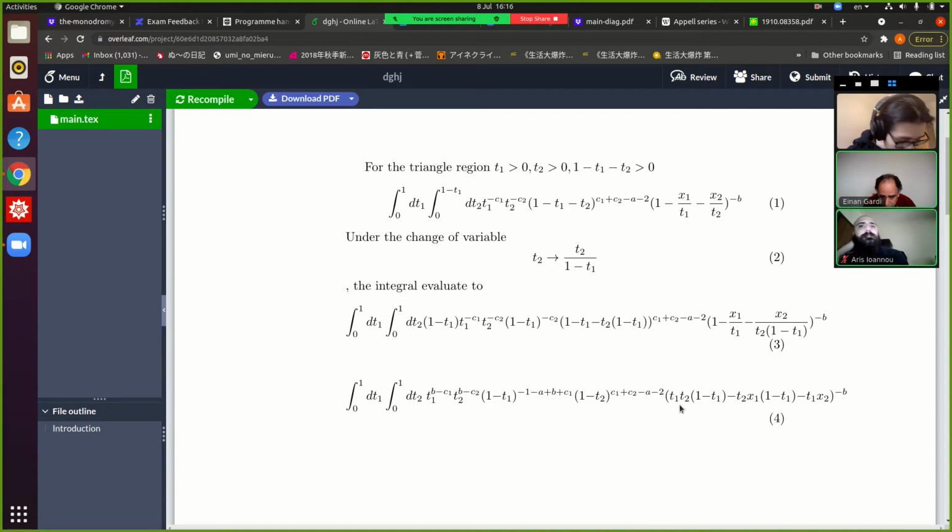So here, what is your x1 and x2? They are the invariants, p1 squared over p3 squared and p2 squared over p3 squared. So this is not at all the form that we had when we had the integration between 0 to 1, 0 to 1.